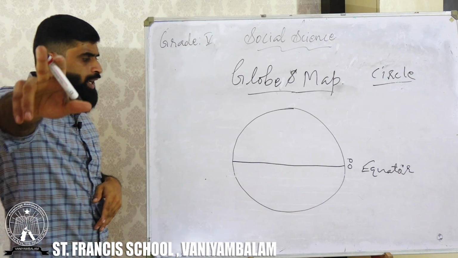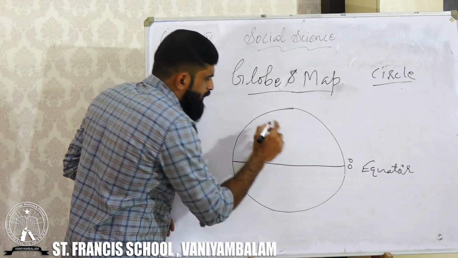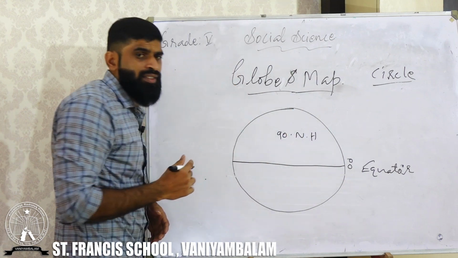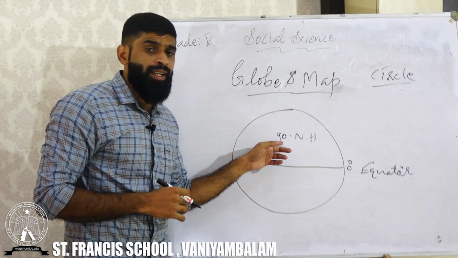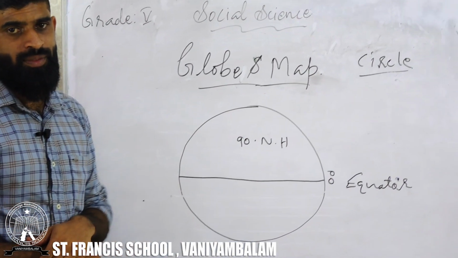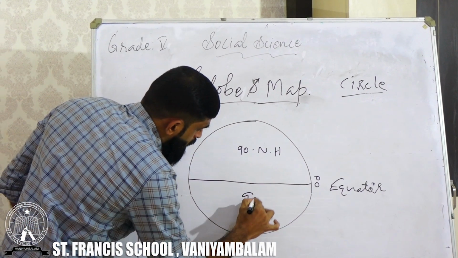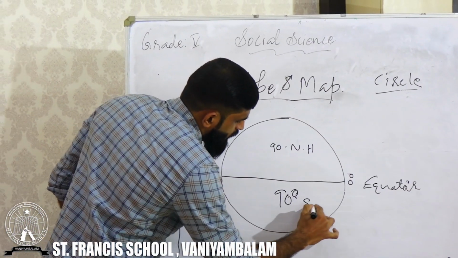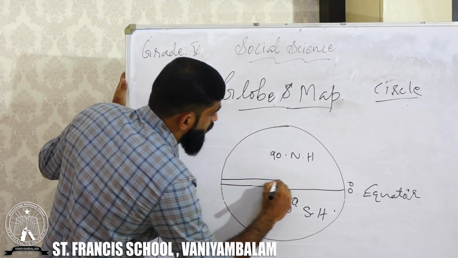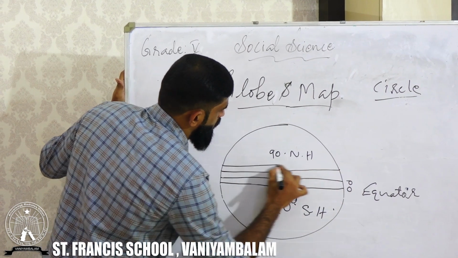Out of these 180 latitudes, 90 are here in the northern hemisphere. In the same manner, 90 latitudes are there in the southern hemisphere. And all these lines are similar to the first latitude we learned as the equator.